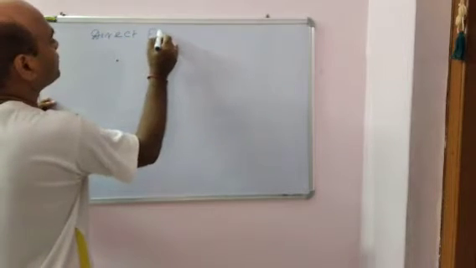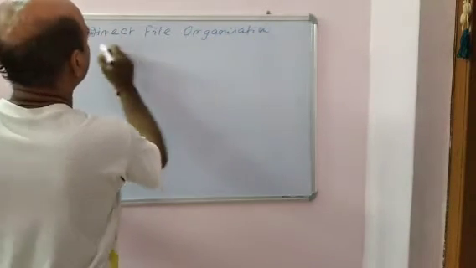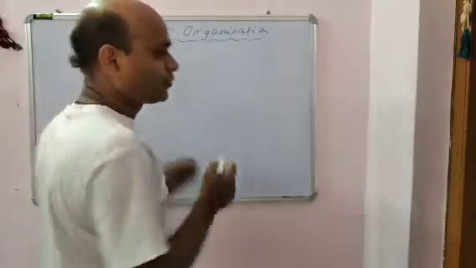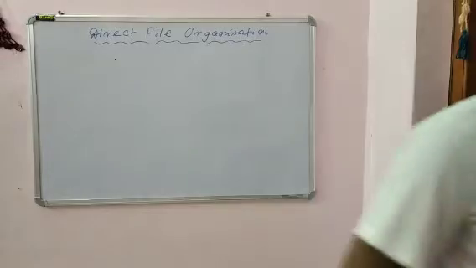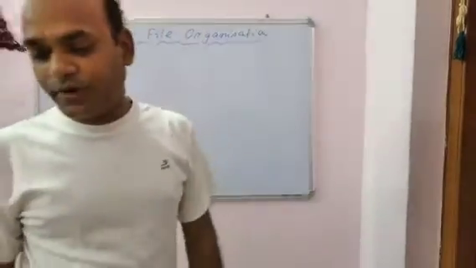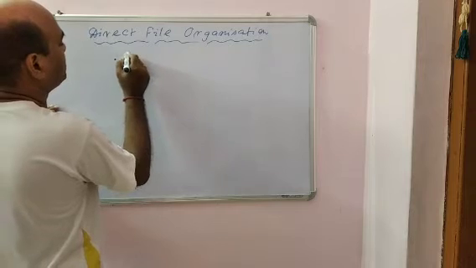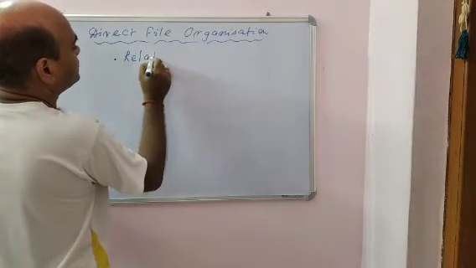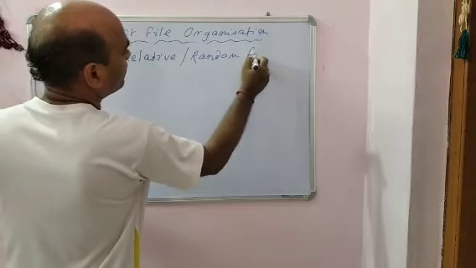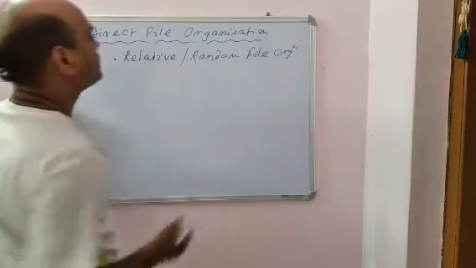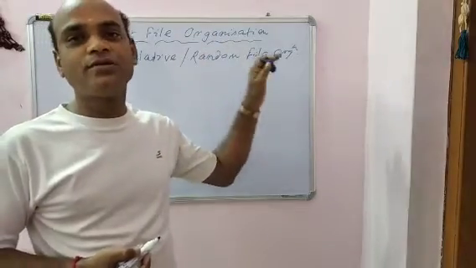This is your direct file organization. Direct file organization is also known as random access file organization or relative file organization, because randomly we can search, randomly we can create, randomly we can update, randomly we can delete.